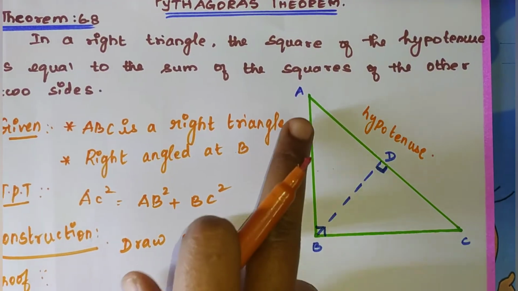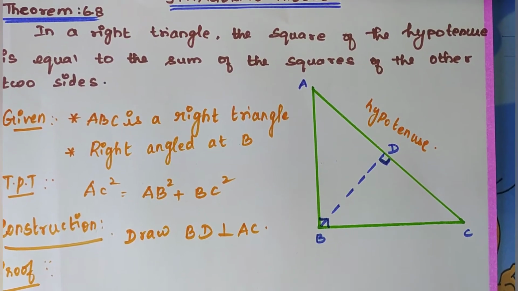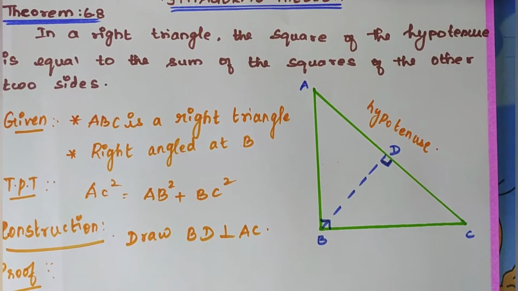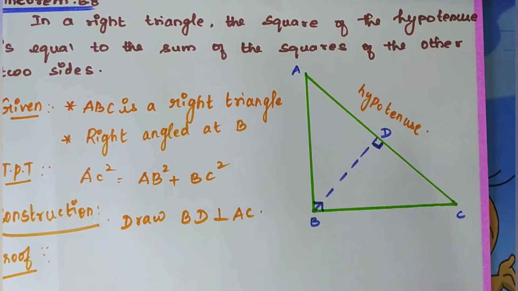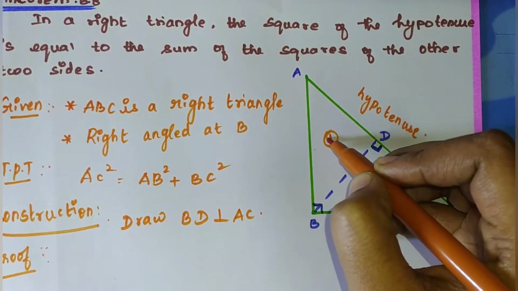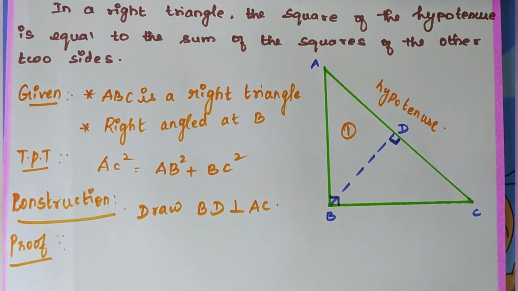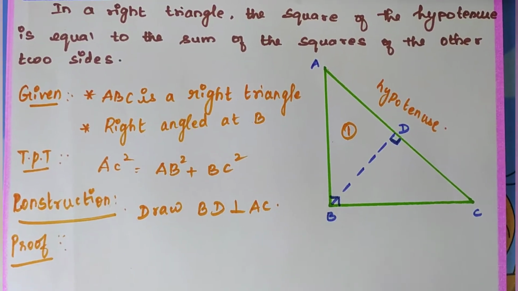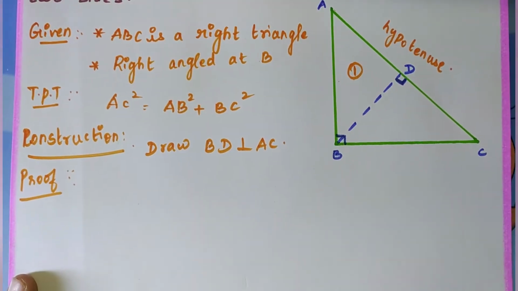So we have to show that AC square is equal to AB square plus BC square. For that, I am going to take the full triangle and this portion, triangle ADB. Clear? This is the first triangle I am going to take.